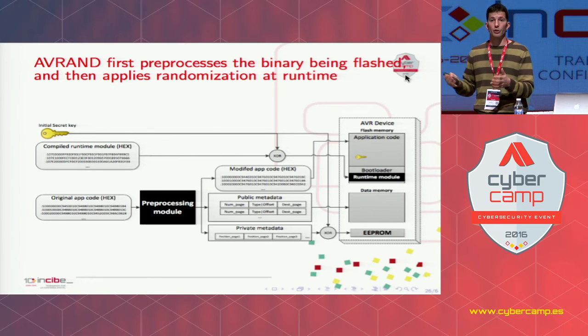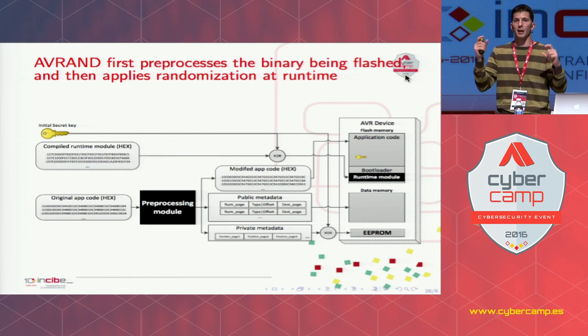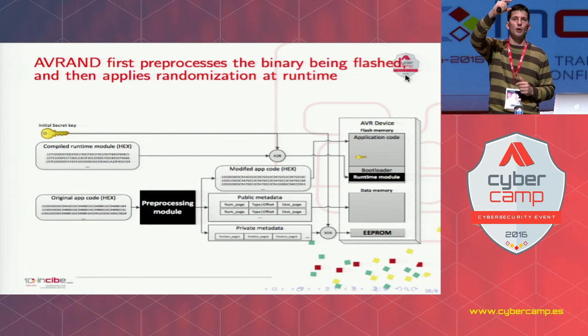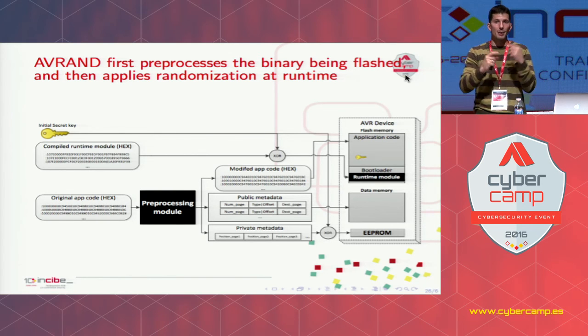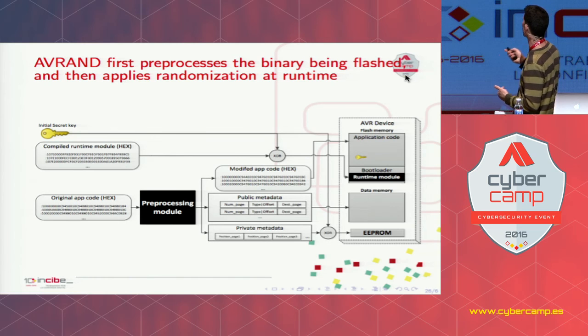Some of it can be public, so the attacker can know about it, and other parts we guess they shouldn't know, because that's where each page number is. The program needs to know where the pages are. If page 1 used to be at 000 and now is elsewhere, at some point I need to know where it is to undo it later on, to re-randomize it all.